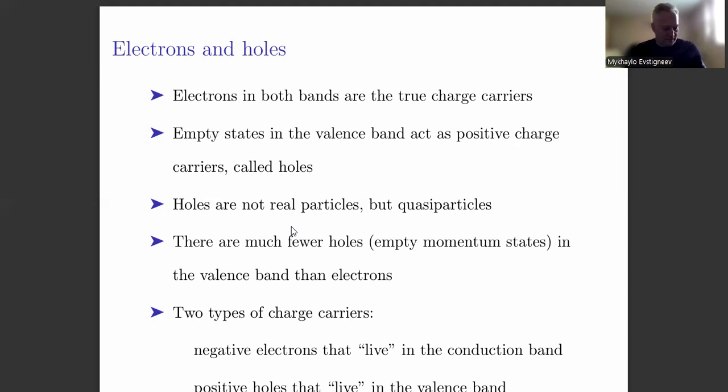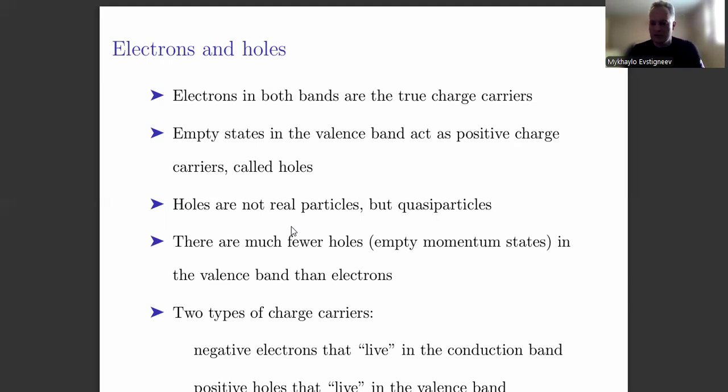This means that the valence band is not exactly completely filled. So the valence band can also contribute to the electric current when you apply an electric field. However, the exact description of the electric conductivity in the valence band would still be in terms of the electrons.